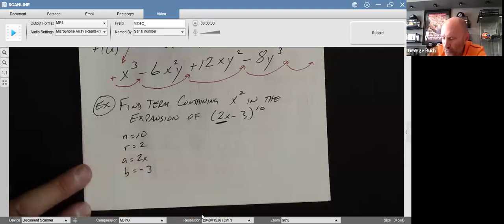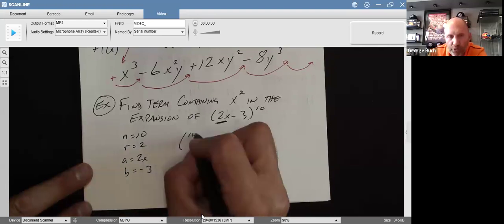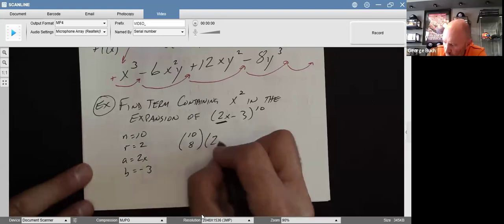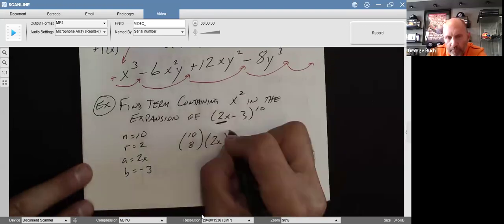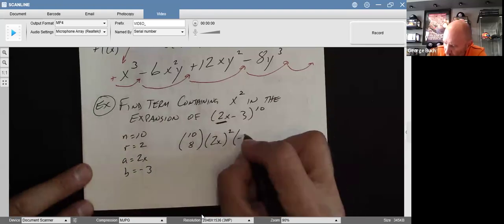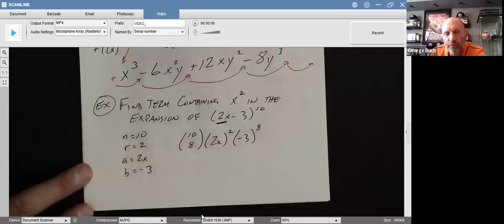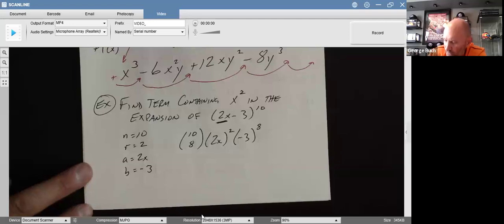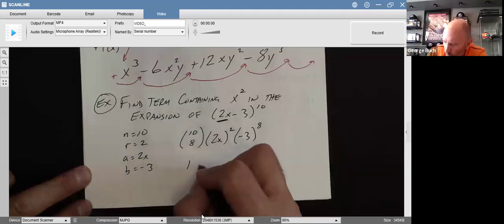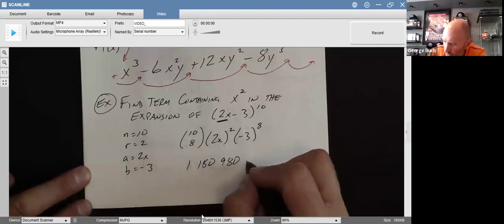So now that I have all this, I just put it into the formula. So n minus r, so 10 choose 8. And then a, 2x to the r power, squared. And then b, negative 3 to the n minus r, 10 minus 2 is 8 power. You will absolutely have to use your calculator on this. And so when you calculate all this out, you should get 1,180,980 x squared.